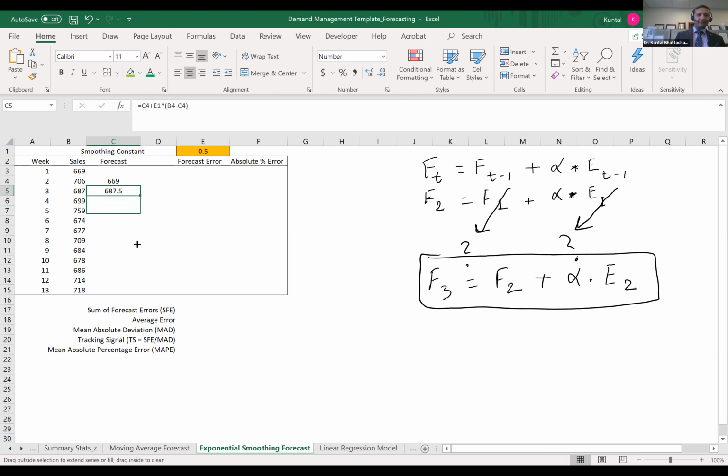And then I can drag all of these. As you can see, all of these are giving you a different value. Can somebody tell me why? That's because it is taking E2 and there is nothing in E2. In other words, my smoothing constant is a fixed value that I'm using for all of the other ones, and therefore I need to fix that equation.